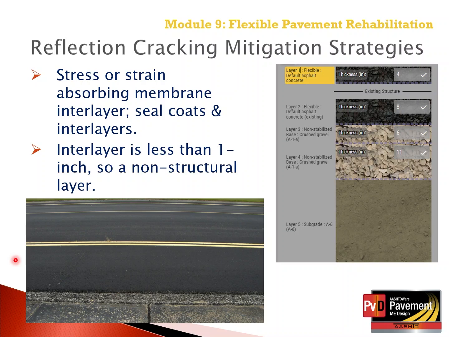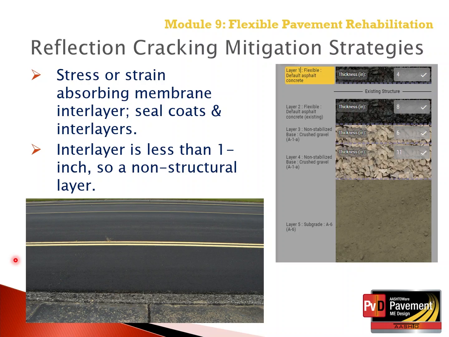So in our overlay options, our rehabilitation options in the Pavement ME design software that include seal coats and interlayers, basically there is no difference, and so there is no benefit to using those layers because the global calibration did not exhibit a difference.